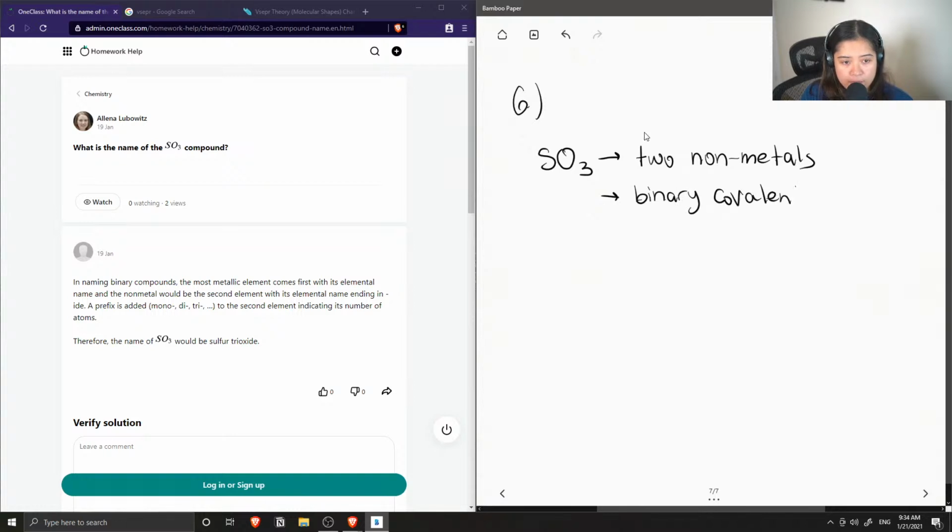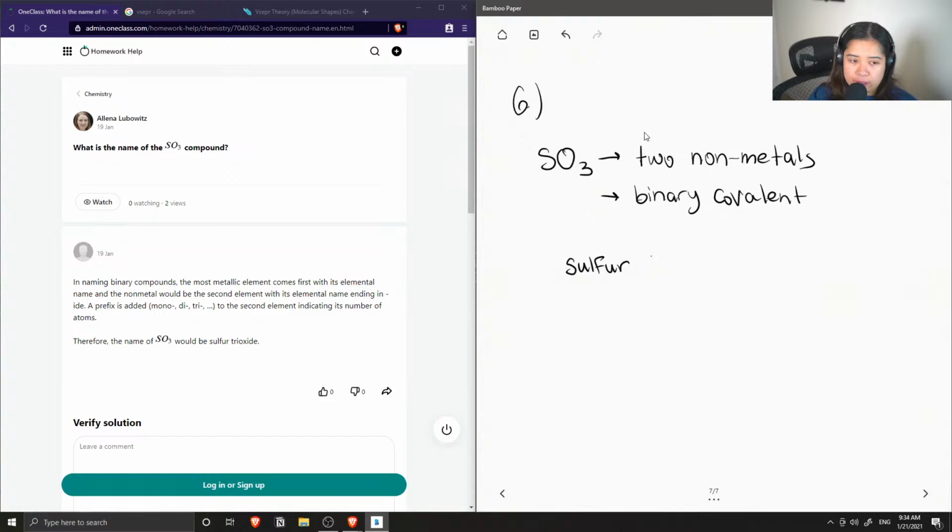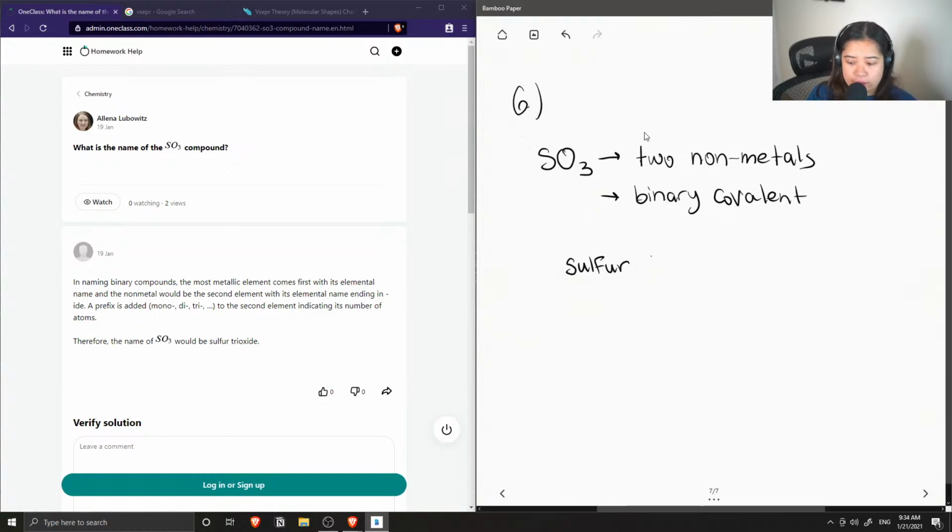And when naming binary covalent compounds, we would first name our first element, which is the sulfur. And then we would indicate how many atoms of our second element there are by using the Greek prefixes. So we would do the same thing for the sulfur, but when there's only one of it, we don't say mono, we just assume that there's one of it. That's why I just said sulfur.